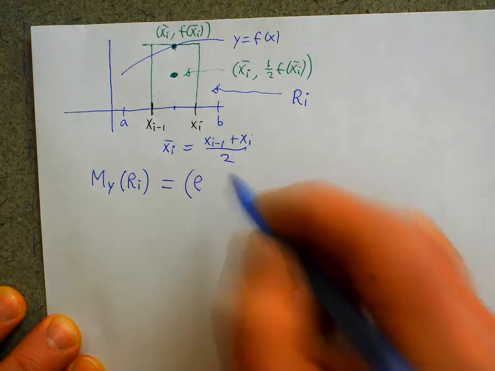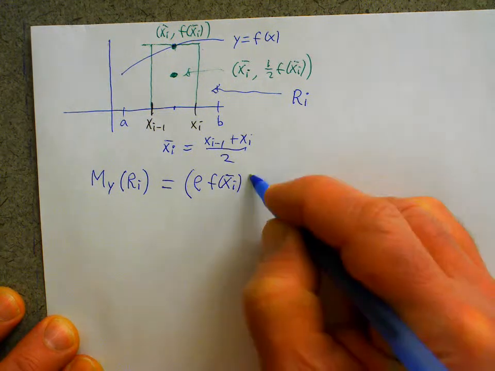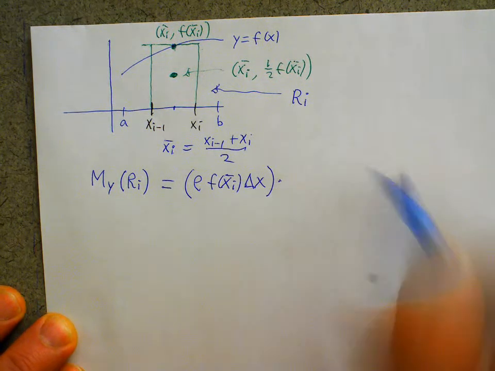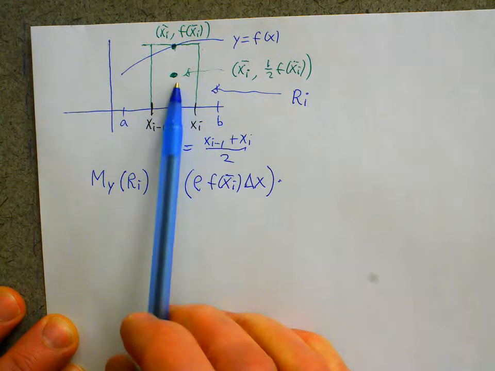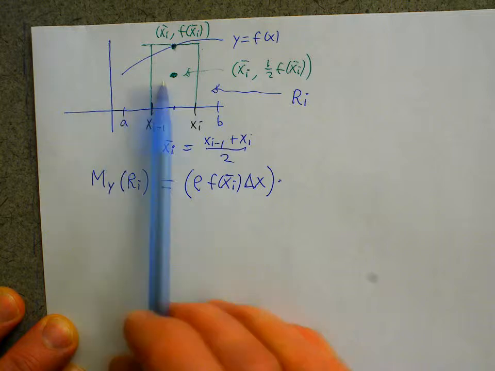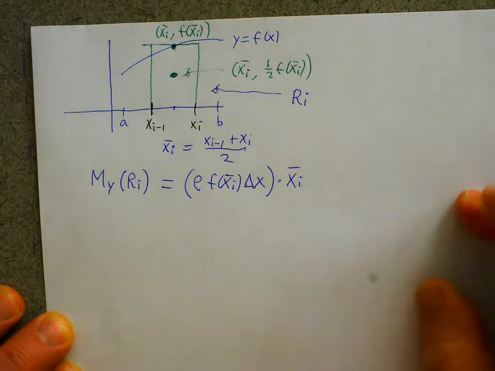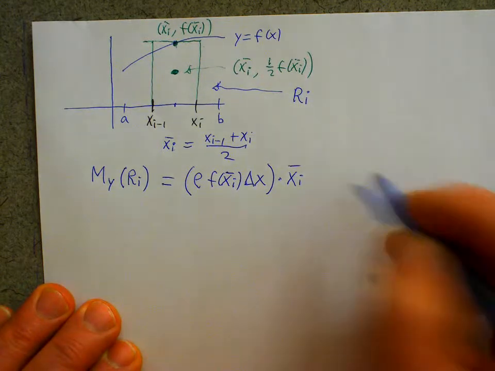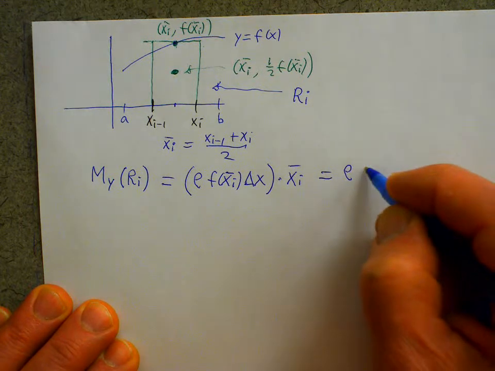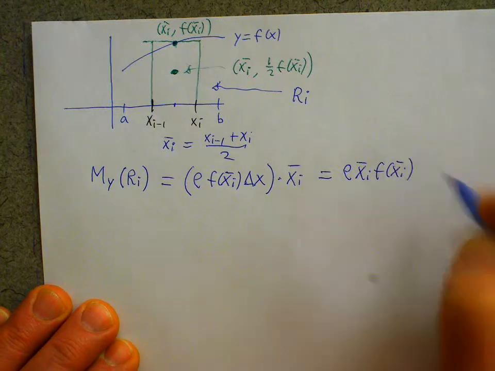The area is f of x sub i bar times delta x, multiplied by the horizontal distance from the center point to the y-axis, which is x sub i bar. If we rearrange the terms to be more conventional, we can write it as rho times x sub i bar times f of x sub i bar times delta x.